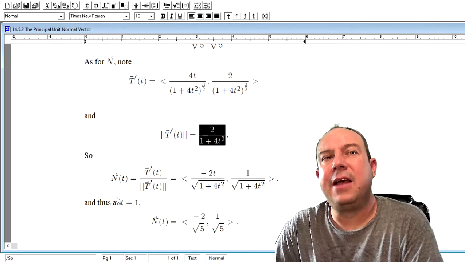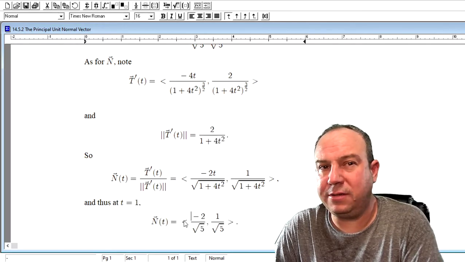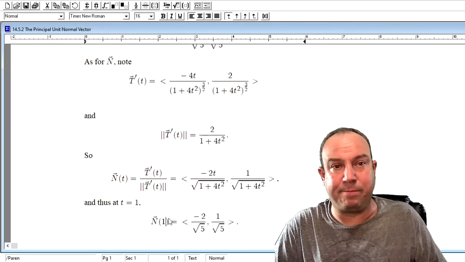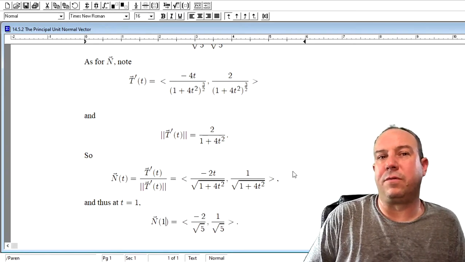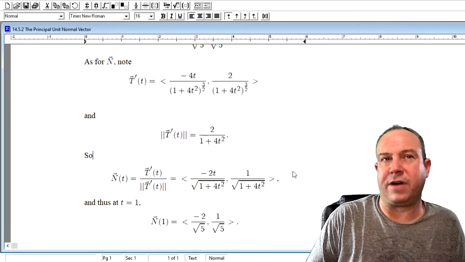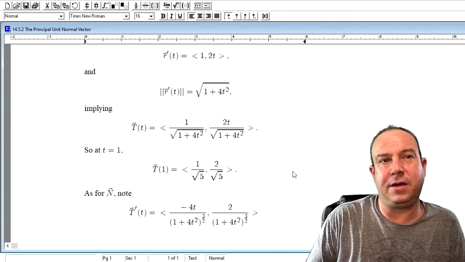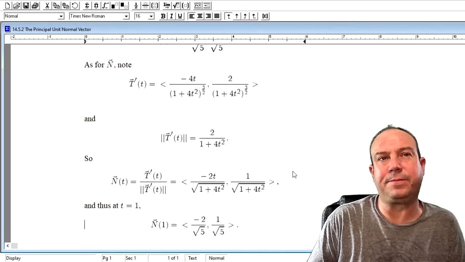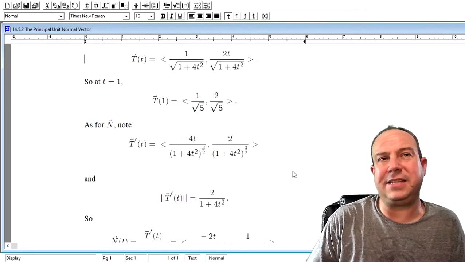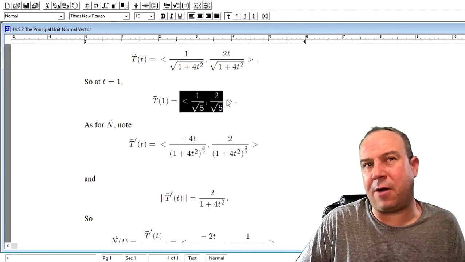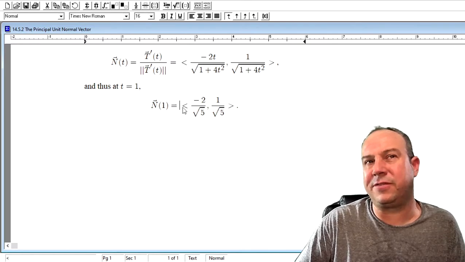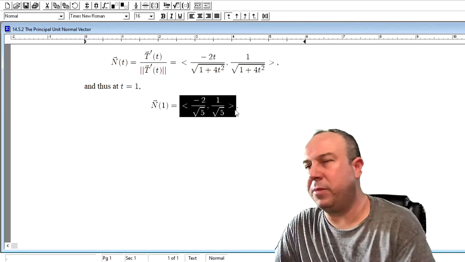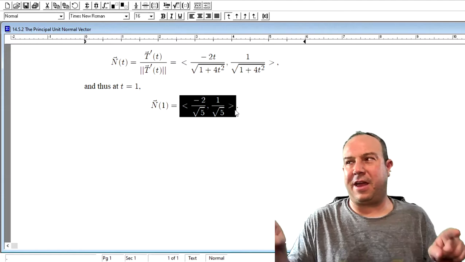All right? So, if we were at t equal to 1, actually I should say n bar of 1 would be equal to the vector negative 2 over root 5 comma 1 over root 5 in value. And I did say that up here. I did say t bar of 1. Okay, respectively. Now, you might see a bit of a relationship between how the values of t bar relate to the values of n bar in two-dimensional space.